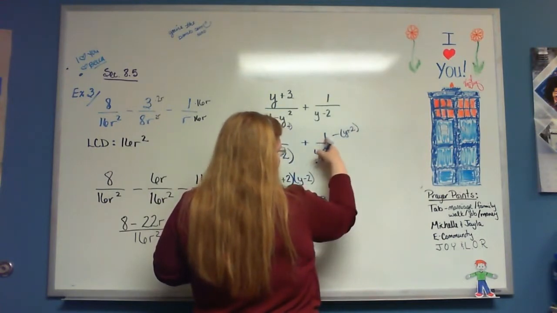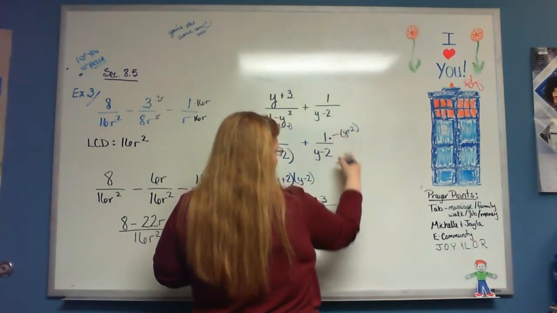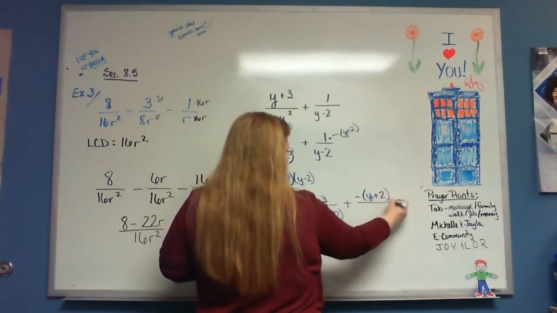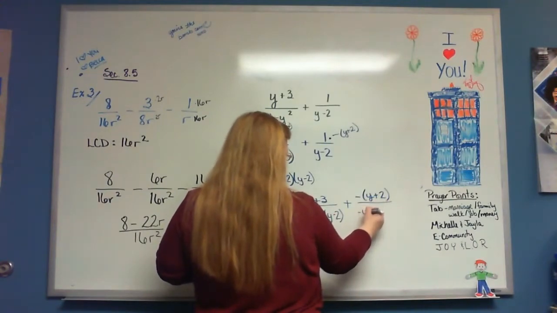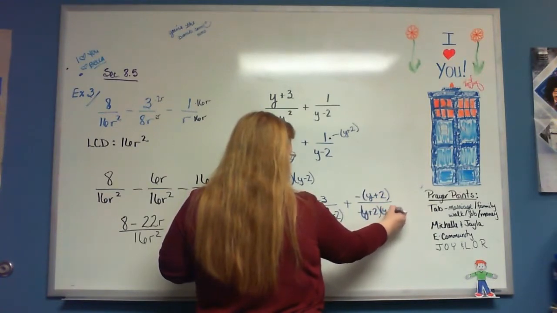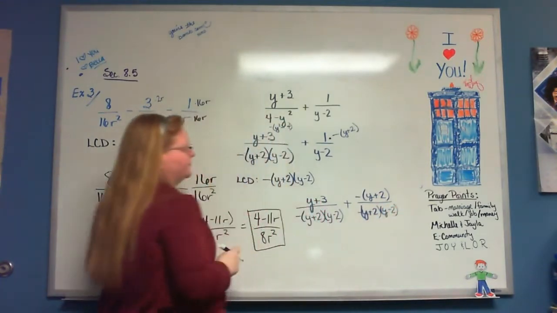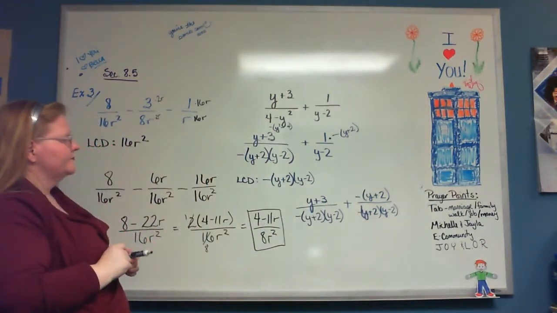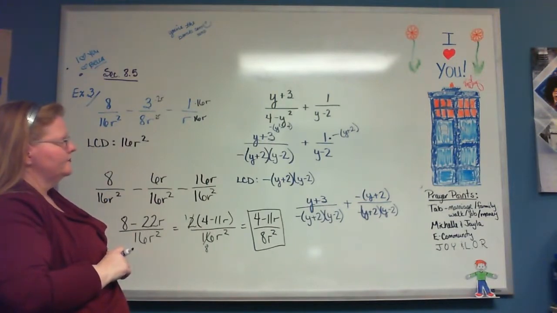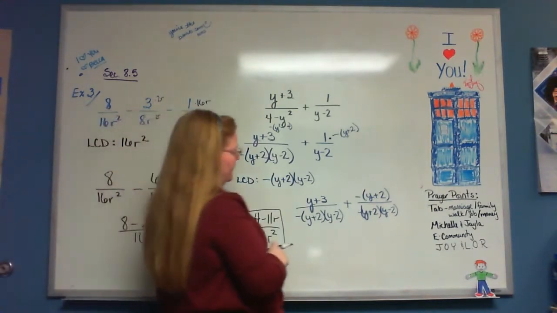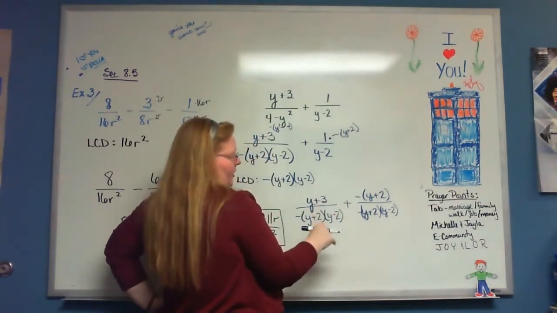That gives me a 1 times a negative times a y plus 2. So now, we need to do some combining on the top.